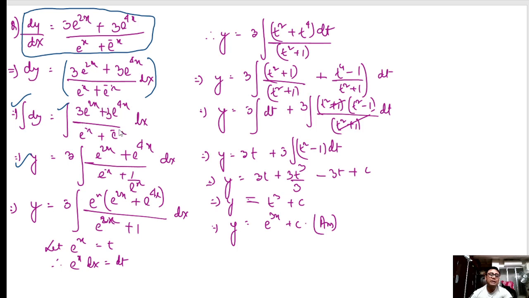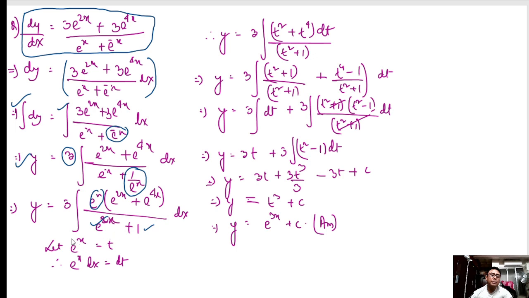So this 3 is common, is taken out. Now in this sum, what we are doing is that this is e to the power minus x, which is 1 by e to the power x, and now taking this LCM, this will go up, this becomes e to the power 2x plus 1.